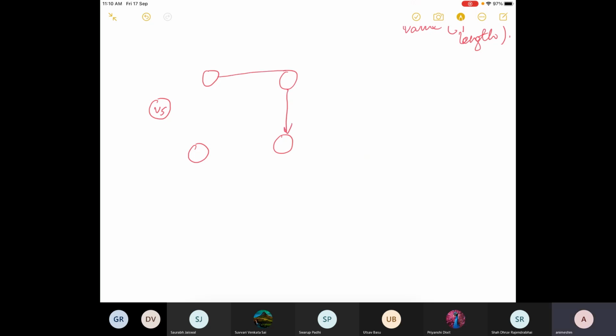You might like to draw this, because multiple times I'll be referring to this figure. It might be a handy thing to do it yourself so that you can cross verify.